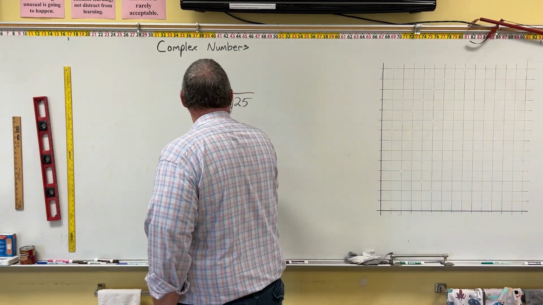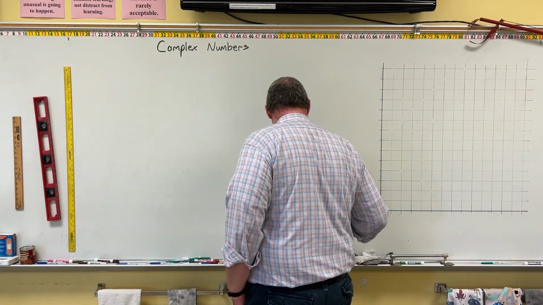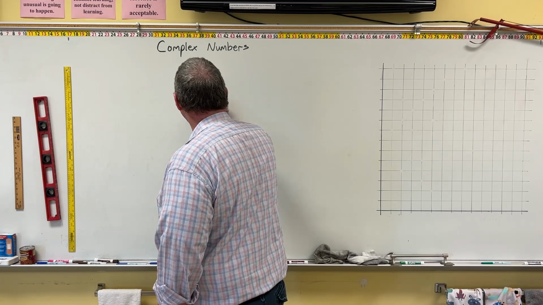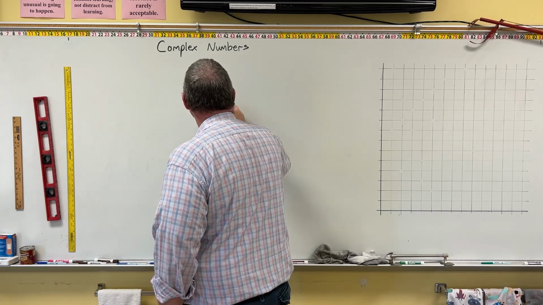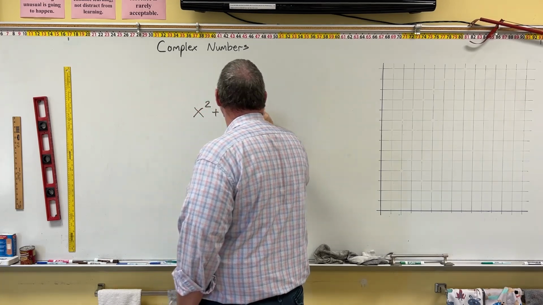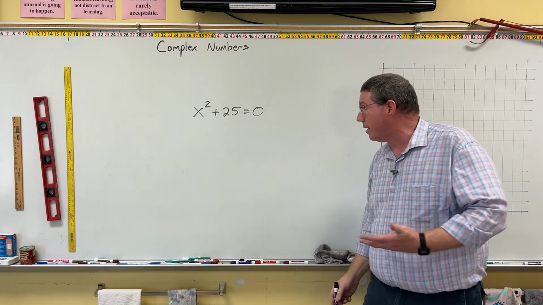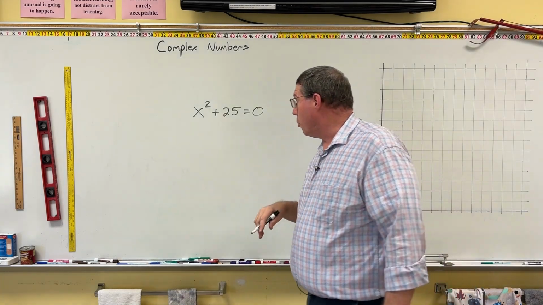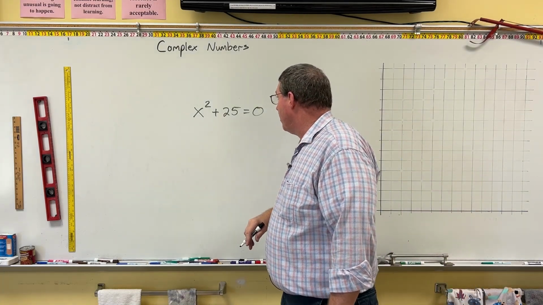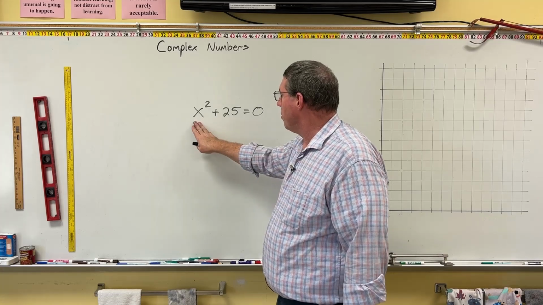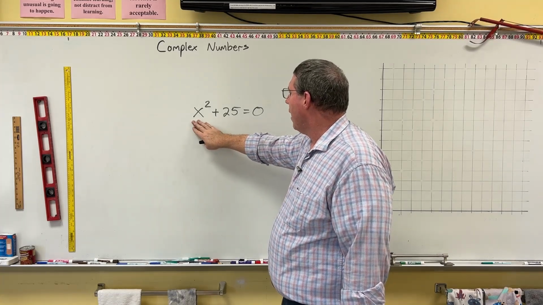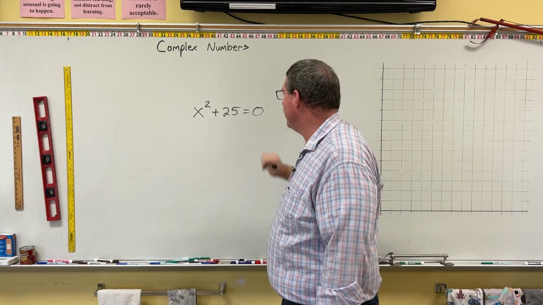But what if we were in this situation? What if we had x squared plus 25 equal to 0? This is a legitimate equation here. And the question is, is there a number that if you square it and then add 25 that you would get 0?